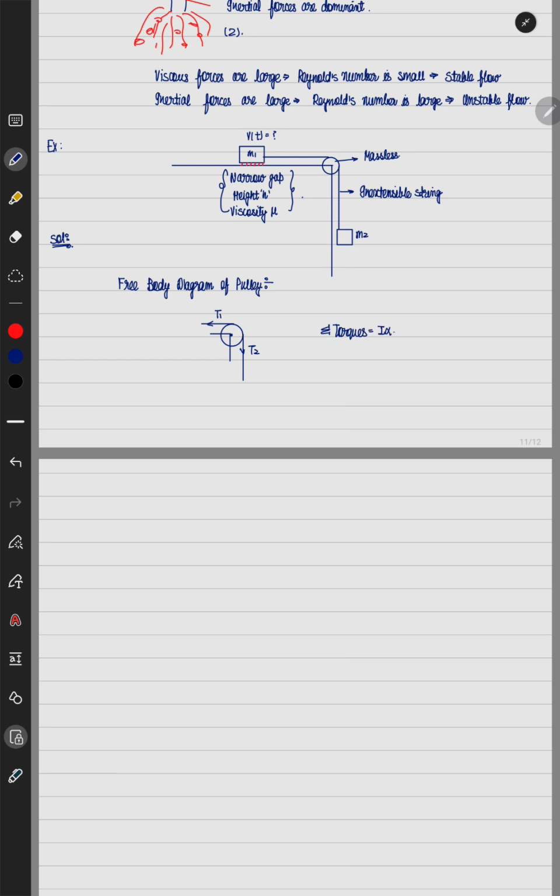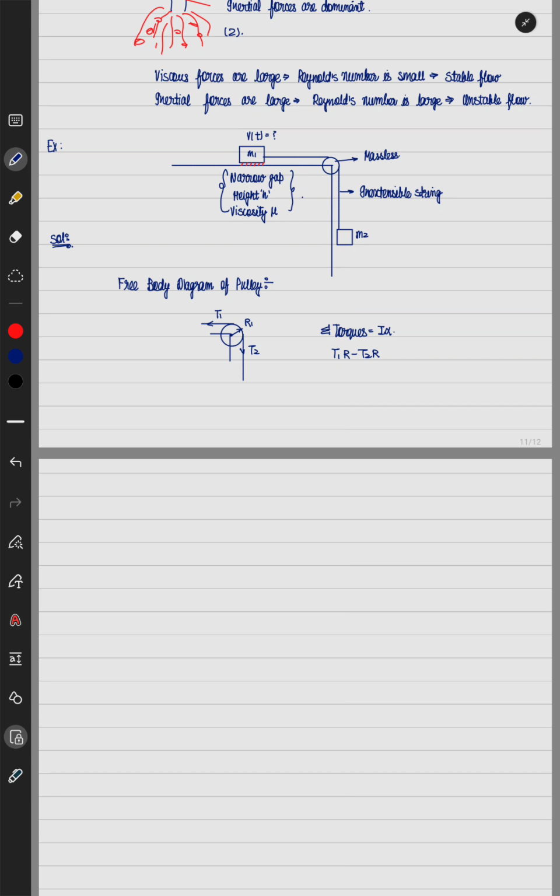The first torque is T1 into the radius, let us say R, minus T2 into R, because the torques act in the opposite sense. T1R is trying to rotate it in one direction, and T2R will be trying to rotate it in the other direction.